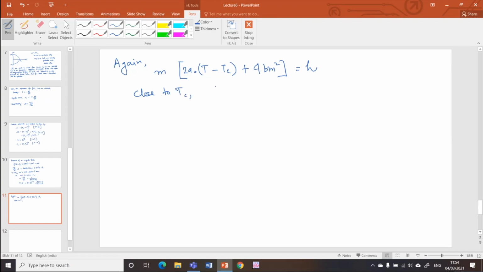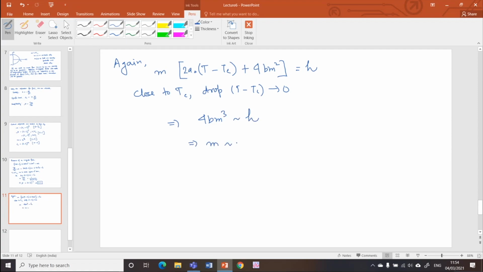Now, close to tc, I'll drop t minus tc because this will be close to 0. So what I'll end up with is that 4b m cube will be of the order of h.